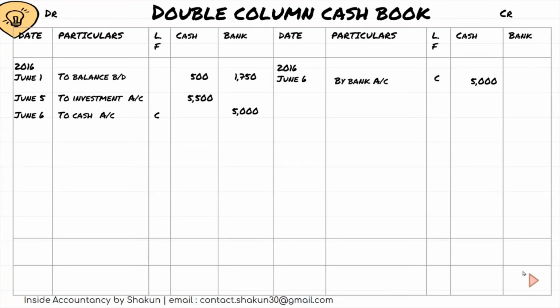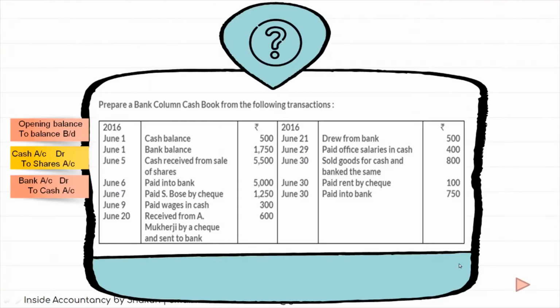Okay. Moving on to the next transaction, we have paid SBOS by check. So SBOS account Dr to bank. The next transaction I'll also explain simultaneously. Paid wages in cash. So the entry would be wages to cash. So in the first transaction on June 7, the bank is being credited, and in the next transaction cash is being credited.